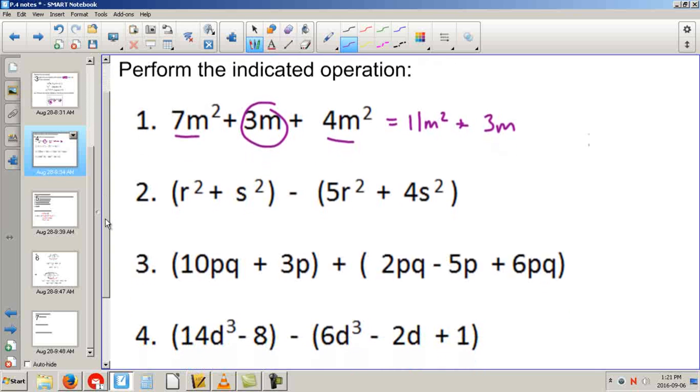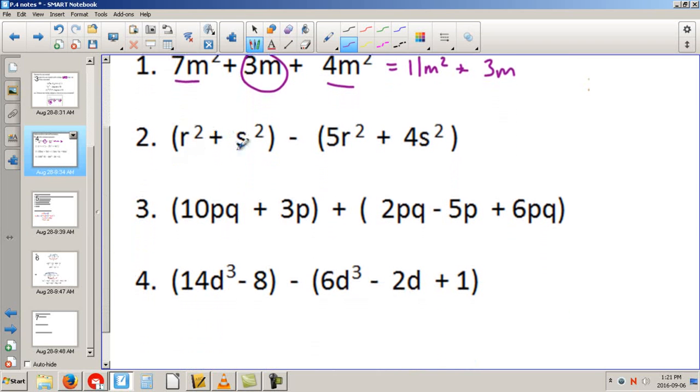We come down to question number 2. It's r squared plus s squared minus this stuff here. Well, the way we always treat this is we're trying to subtract the whole thing. So it's easier if we distribute the negative. So we now have r squared plus s squared minus 5r squared minus 4s squared.